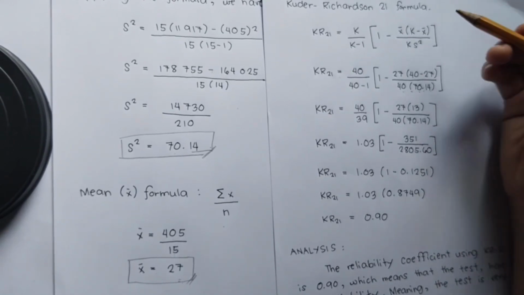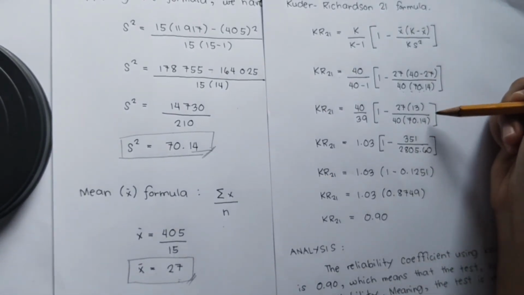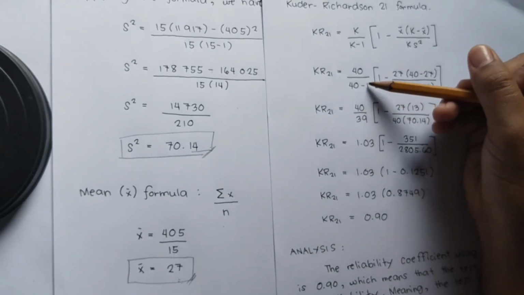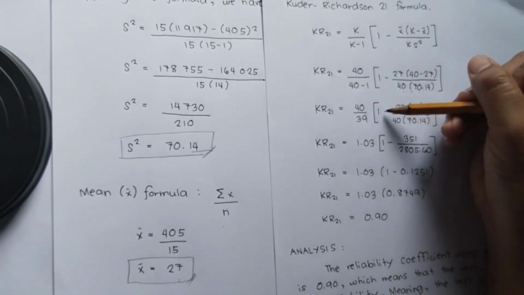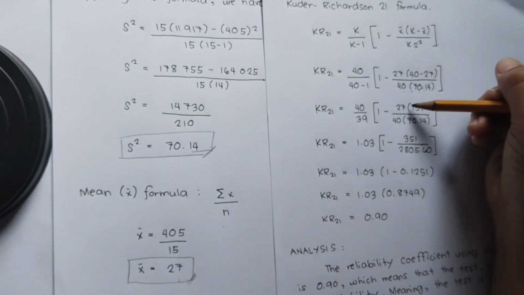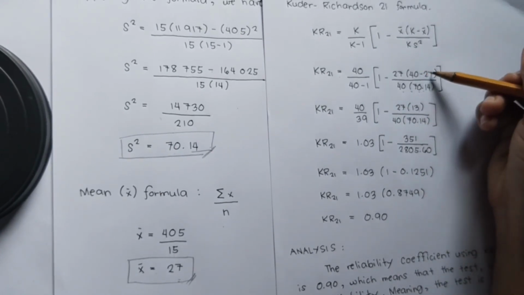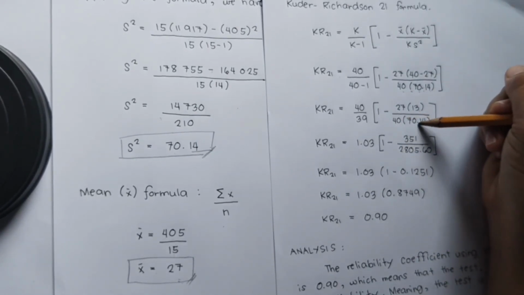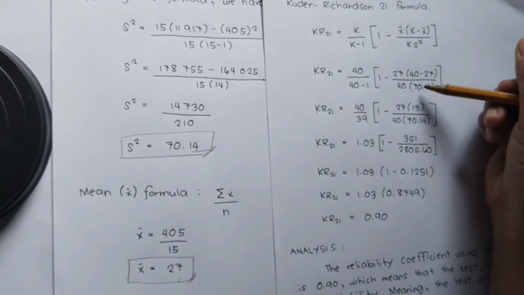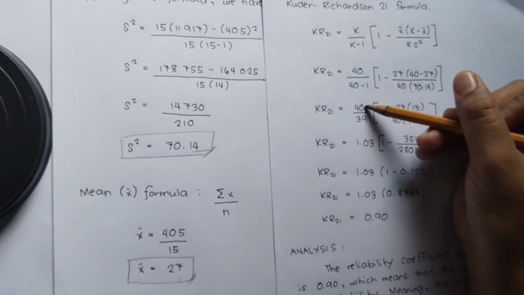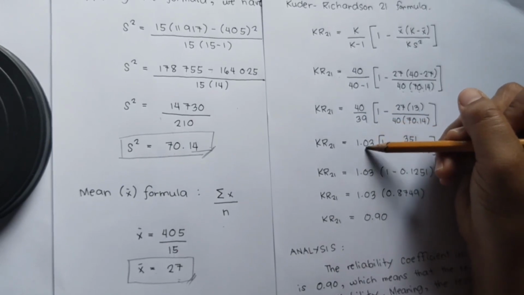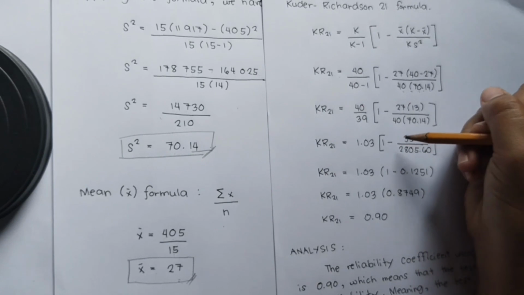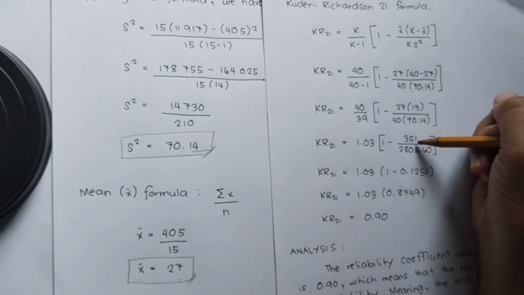So, ngayon, sisimplify lang natin sila. So, 40, copy the 40 lang, over 39, kasi 40 minus 1, times 1 minus 27, times 13 na siya, kasi 40 minus 27. Over 40 times 70.14. Ikakopy lang natin yung nasa baba. Next naman ay 40 divided by 39 is equals to 1.03 times 1 minus 351.